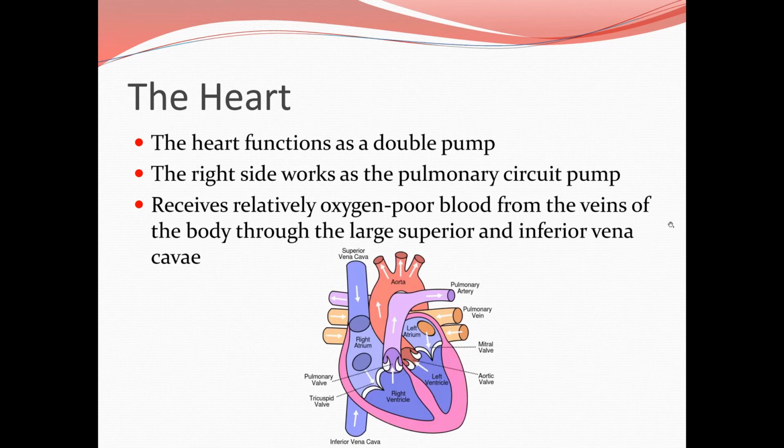Okay, the heart functions as a double pump. What that refers to is that the top part of the heart can contract and the bottom part of the heart can contract. The goal is to take all the blood from the body that does not have oxygen anymore, as in that oxygen has already been removed from the blood. That blood has circulated throughout the body, and as you know, all of your cells need oxygen, so that oxygen has been used up.